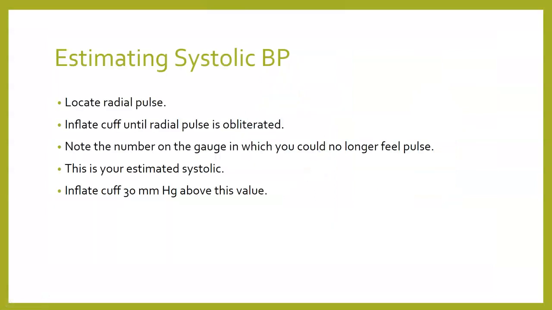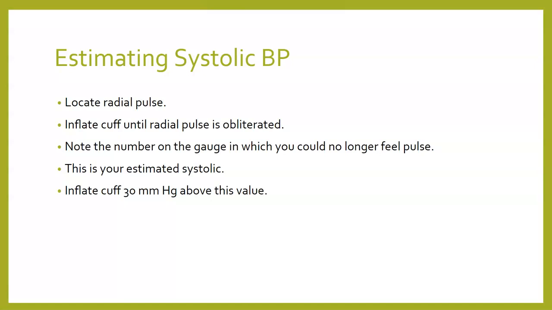Okay, so if for whatever reason we don't have baseline data for what our patient's normal blood pressure usually is, we're going to estimate their systolic. For this, you'll see in the book, I think they use the radial pulse, but in lab, I think they use the brachial pulse.